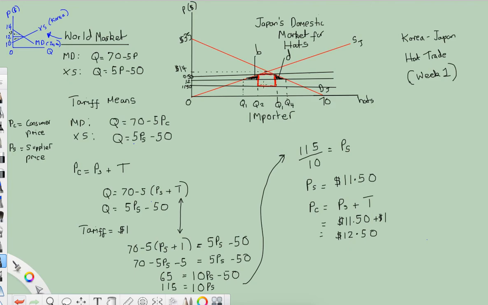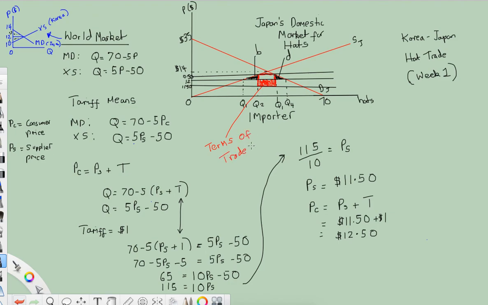That's the total government revenue. And then if you remember, the bottom half is that portion of Japanese government revenue that is paid by Korean suppliers in the form of a lower price, taking a lower price for the good. So this is called the terms of trade effect.